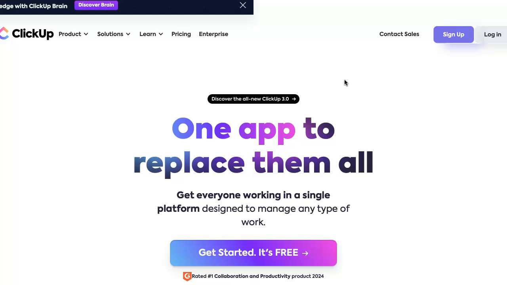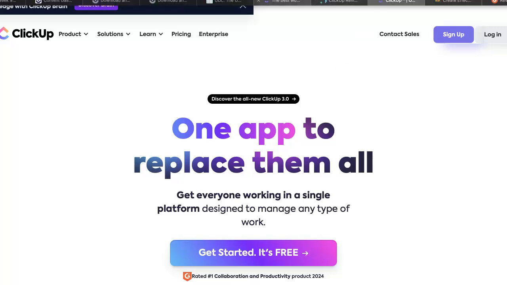A limitation is that ClickUp is not a free product originally. There is the limited version of ClickUp, so you have limited space, and some of the features that the website talks about are only featured in the more expensive versions.